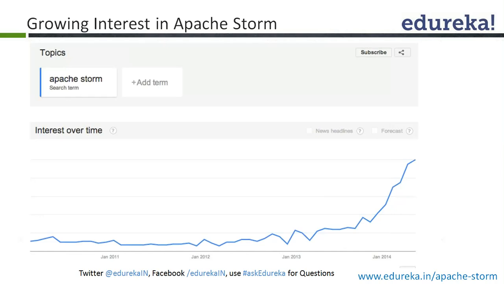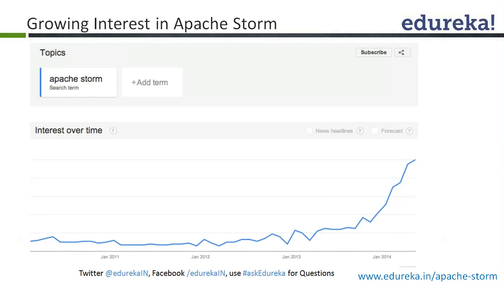Also, the interest level goes very high. The other reason for this spike is it is not a marketing gimmick. Since Apache has taken it, all those distributions, be it Cloudera, be it Hortonworks, I would not talk about the other frameworks, but at least these two which are very popular, have started putting Storm into their integrated environment itself.